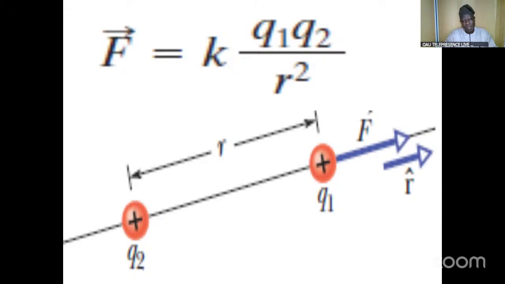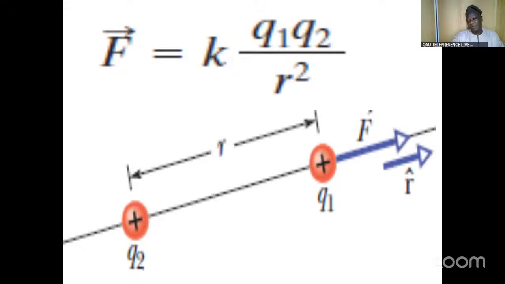That means F, as you see there, is a vector quantity, and it has a defined direction. F, therefore, is k Q1 Q2 over r squared. So take note of that. Q1 represents your first charge. Q2 represents your second charge. Small letter r is the distance between the charges.